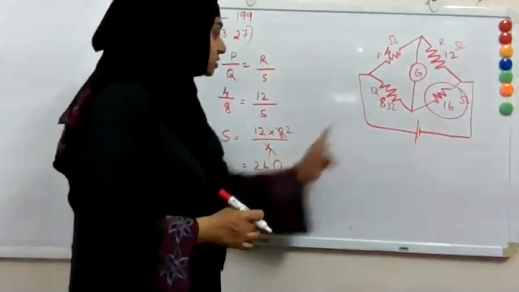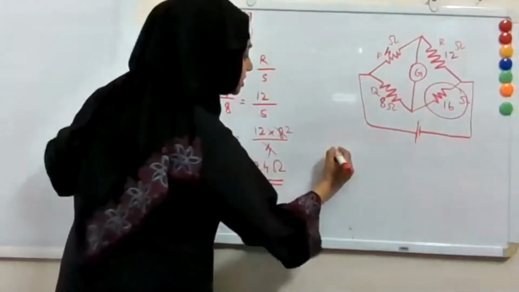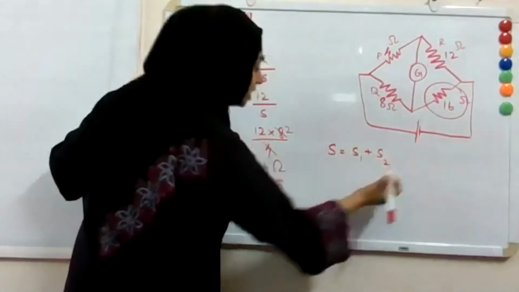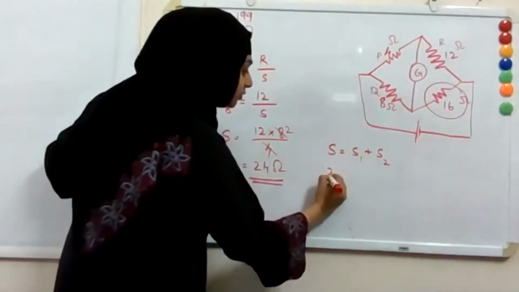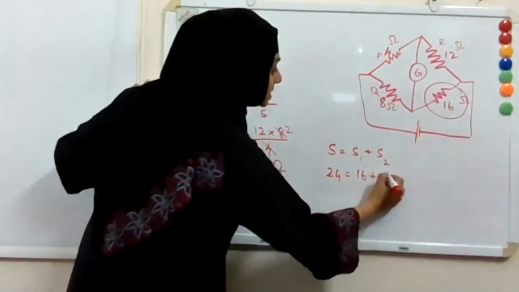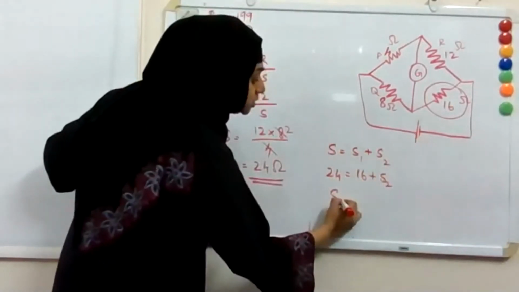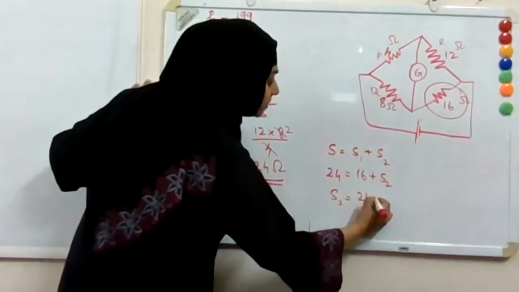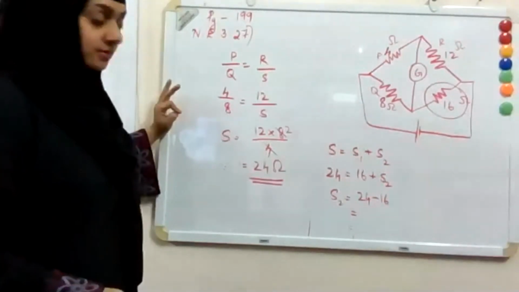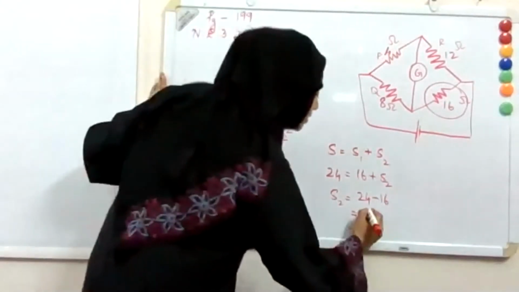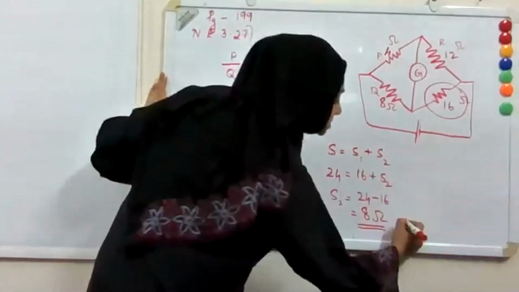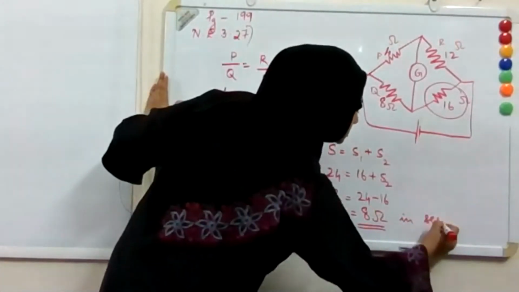So how much do we have to add? The total resistance S should be equal to S1 plus S2. You are right. S we will take 24, is equal to S1, you have 16, plus S2, so S2 is equal to 24 minus 16. What is that? 8 ohm. So the answer is you have to connect 8 ohm resistance in series.